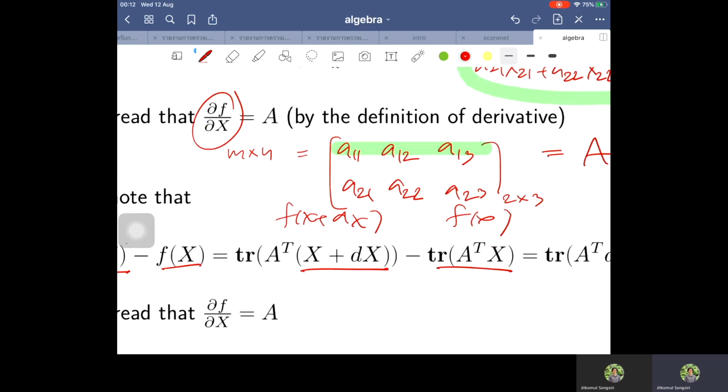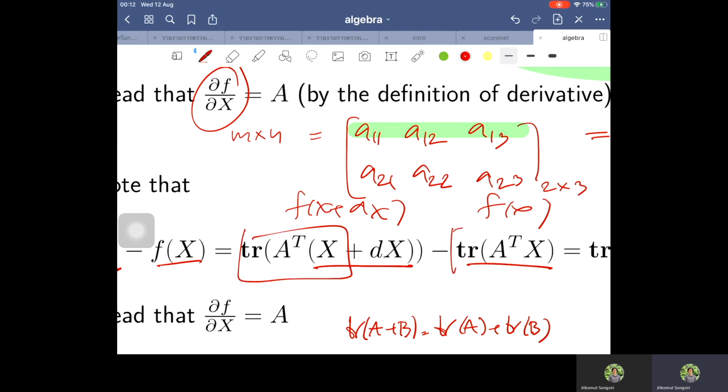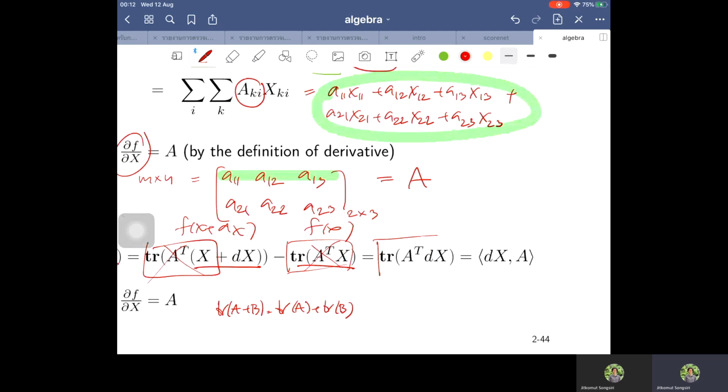Next, you're going to see that the trace operator has a linear property: trace of a plus b is going to be trace a plus trace b. So trace of Ax, this term and this term will be cancelled, and now you're going to have trace of A transpose dx at the end.